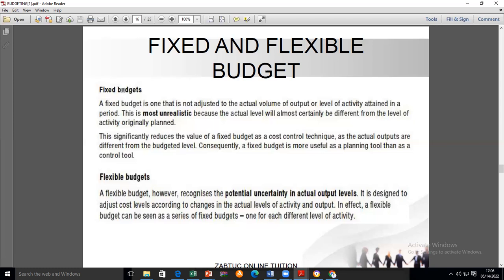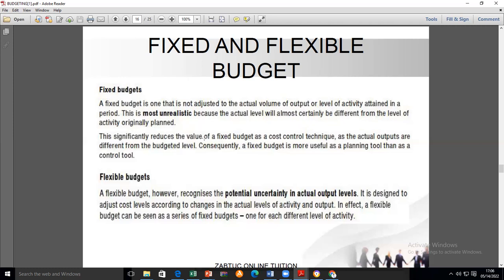So what is a fixed budget? What's the definition of a fixed budget? Very simple. A fixed budget is one that is not adjusted to the actual volume of output or level of activity attained in the period. This is most unrealistic because the actual levels will almost certainly be different from the levels of activity originally planned.